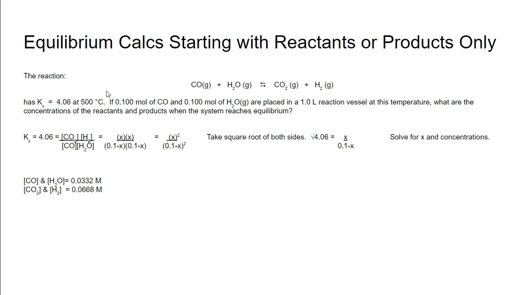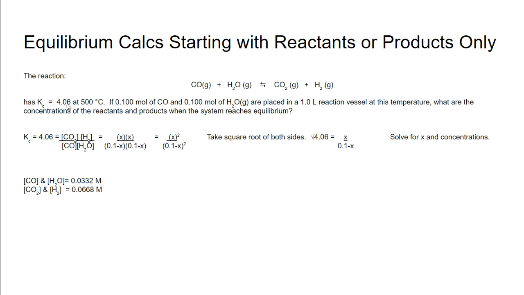Tomorrow we're going to talk about RICE tables, but right now we're just talking about if we start with only reactants or only products. So the reactants, there's 0.1 and 0.1 of each. First you write the Kc expression.